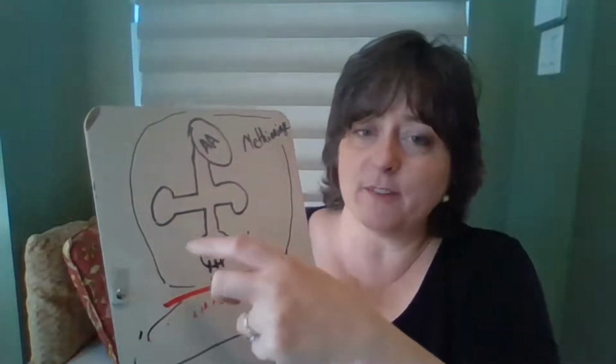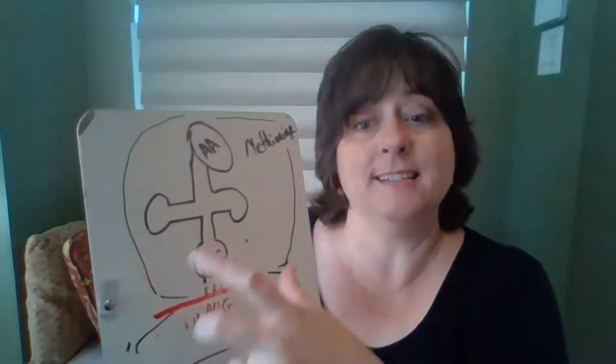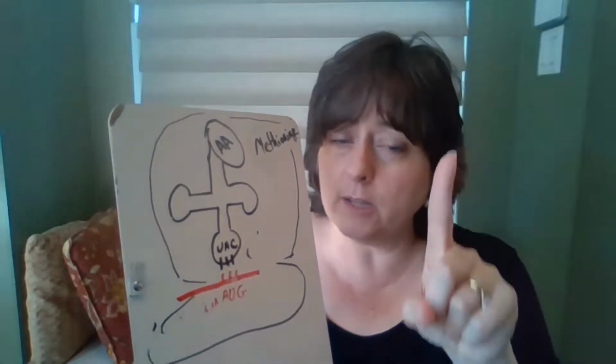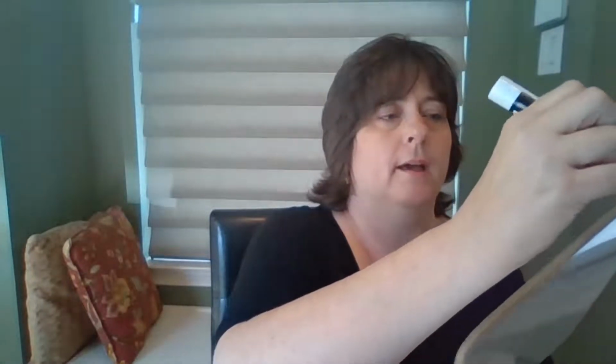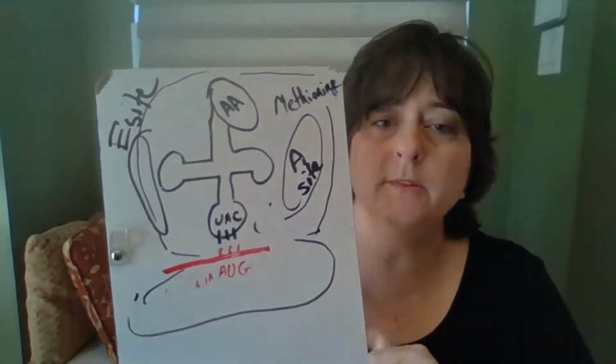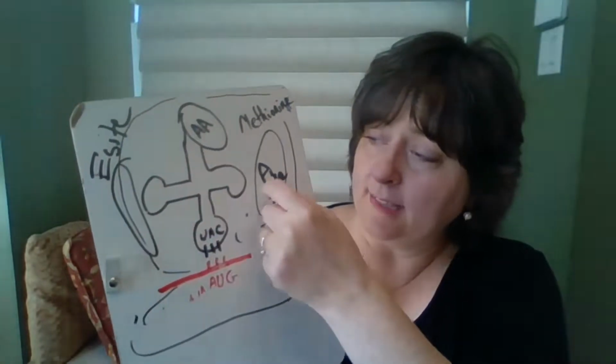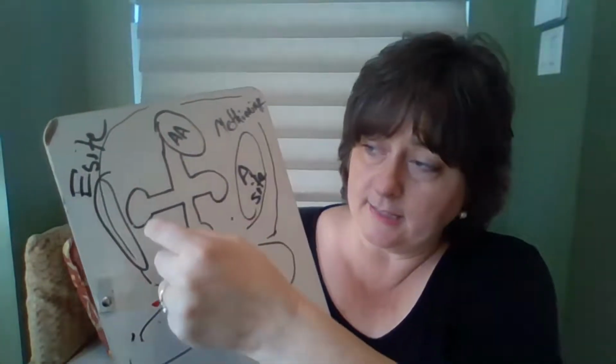It actually fits into the P site. So methionine is the only one that fits into the P site. And then within this ribosome, there will be the A site and the E site. Oh, this is bad. Too bad I can't draw. So within this ribosome, there will be an A site, the P site, and then the E site.